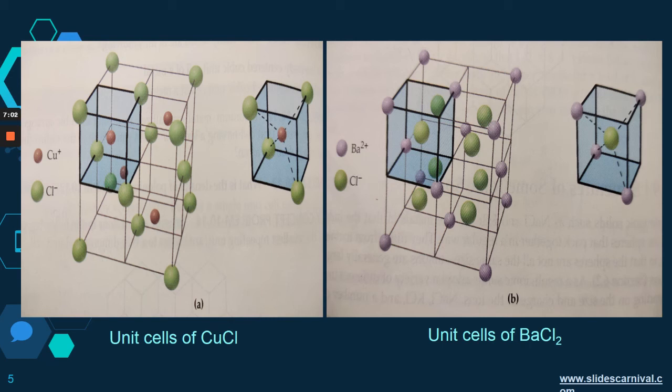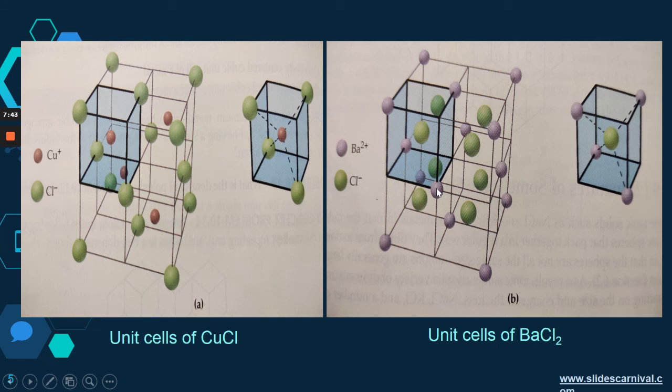You can see here, copper(I) chloride has the face-centered cubic arrangement of the larger chloride anions with the smaller copper cations in holes, so that each copper cation is surrounded by a tetrahedron of 4 ions.